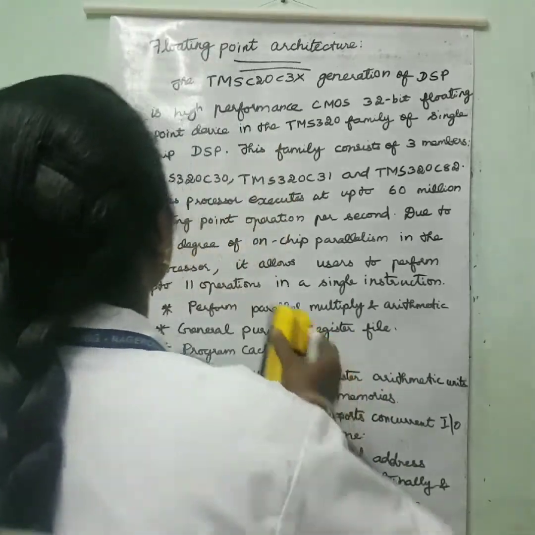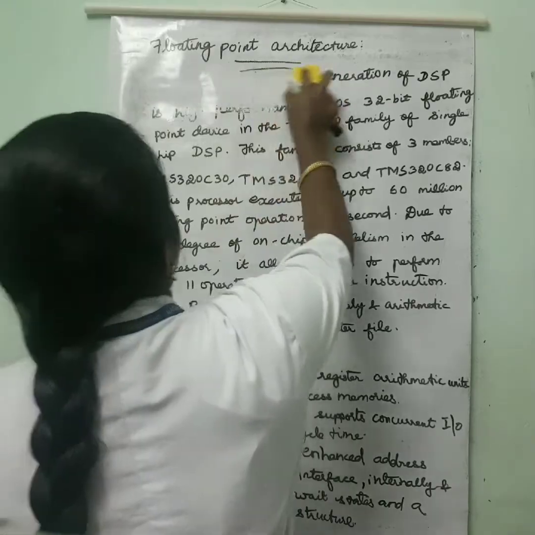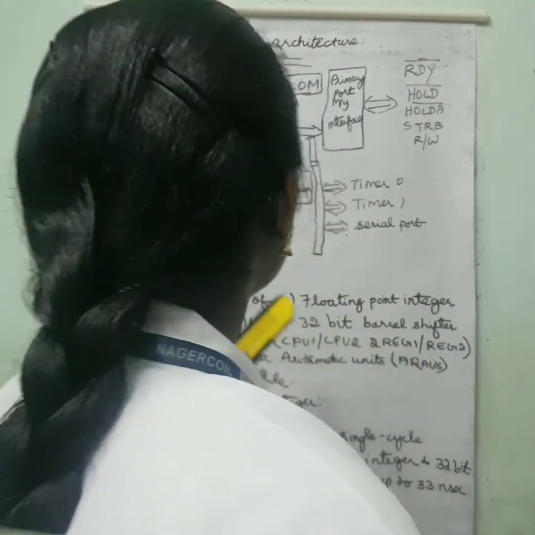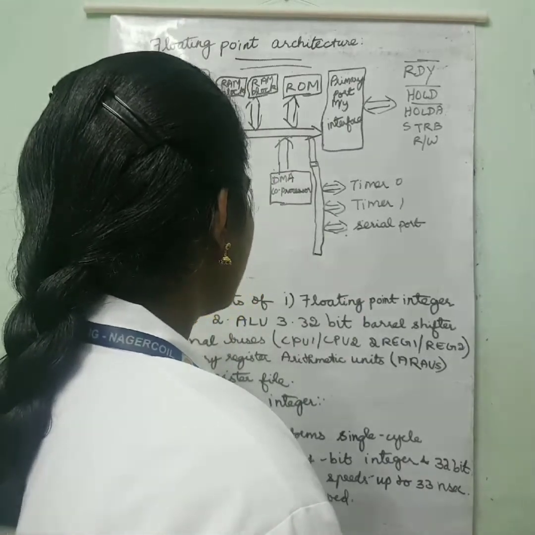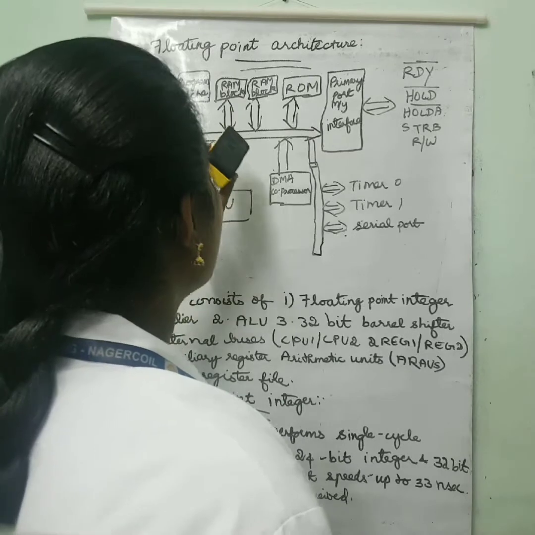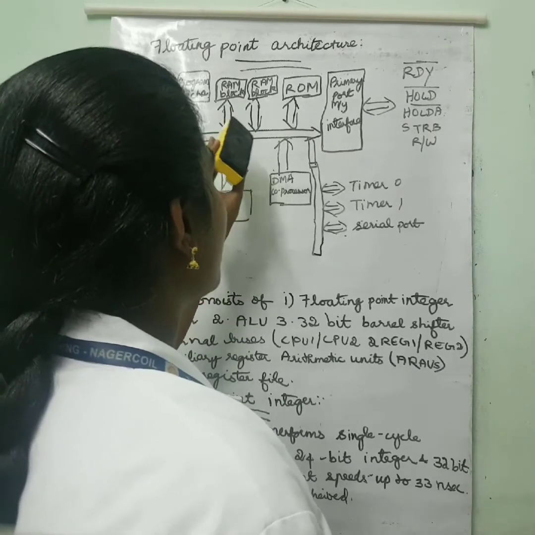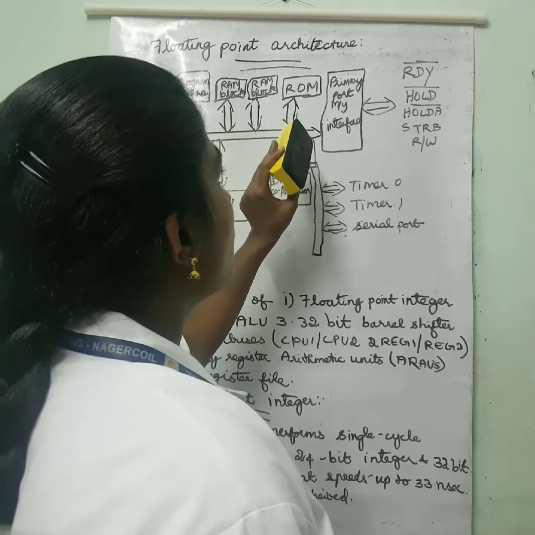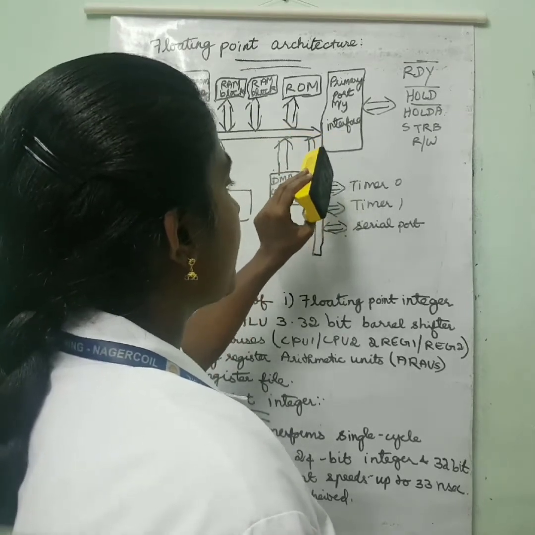This is the architecture of the TMS320C3X. We have program cache, RAM block 0, RAM block 1, ROM, and the primary port memory interface.